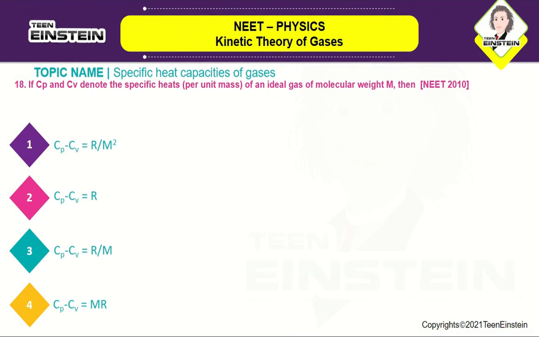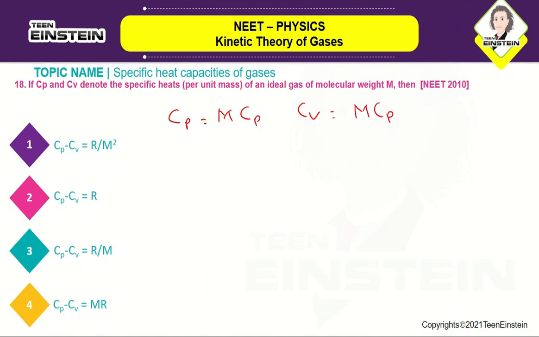If Cp and Cv denote the specific heats per unit mass of an ideal gas of molecular weight m, then they want us to find out which relationship is satisfied here. So Cp is given by mCp and Cv is given by mCv.